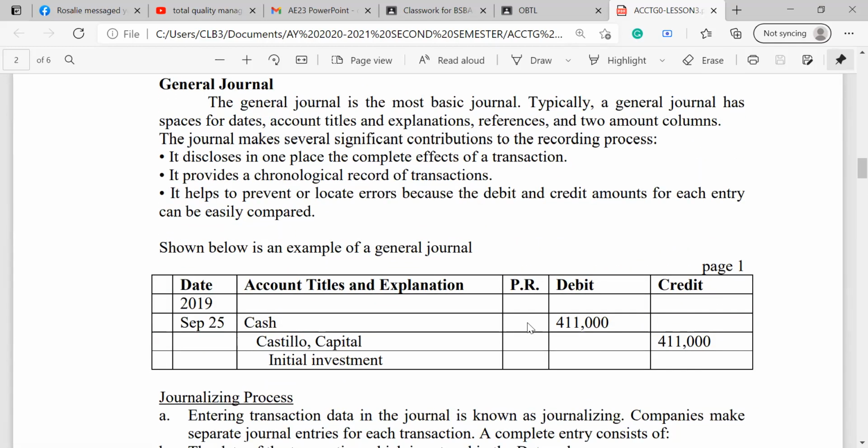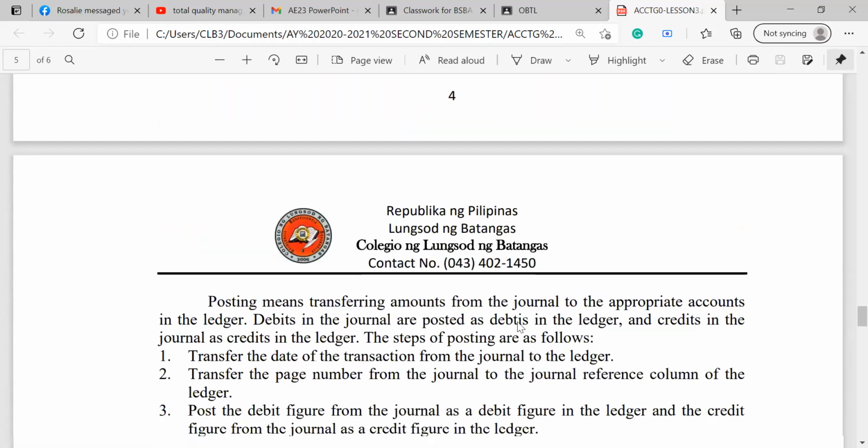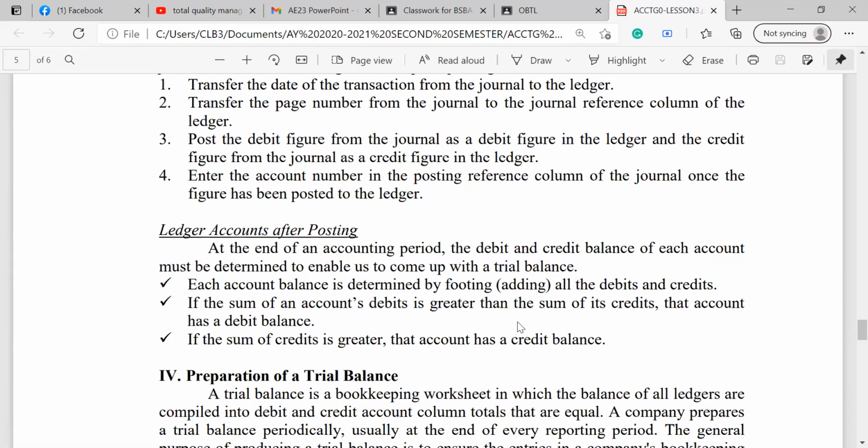Dito po, sa posting reference. Okay? Kaya kanina, blanco pa to. Nung nag-journal tayo, nakablanko pa siya. Bakit? Saka lang natin lalagyan yan kapag na i-post na natin. No? So, cash is account number 101. So, lalagay mo lang ito 101. So, yun lang po yung process ng posting. Yeah, basically, ayun yung posting natin.